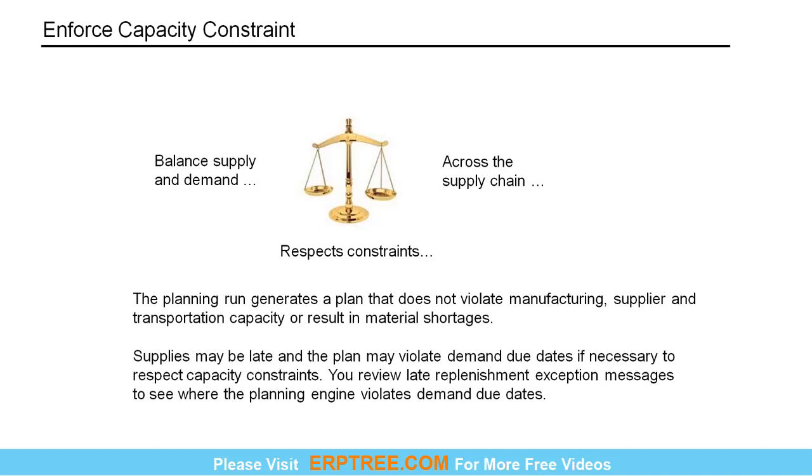The planning run generates a plan that does not violate manufacturing constraints. As I said, without violating the constraints of the suppliers and the resources, it will suggest some dates.